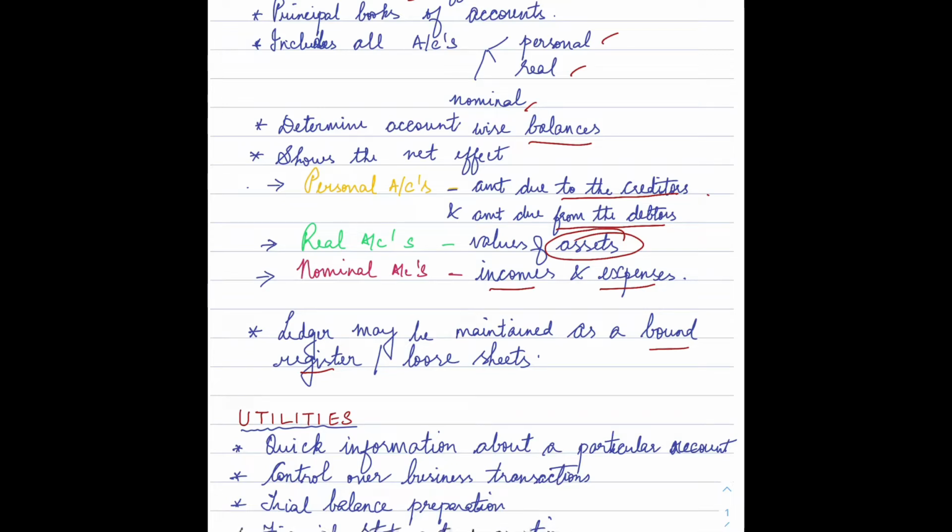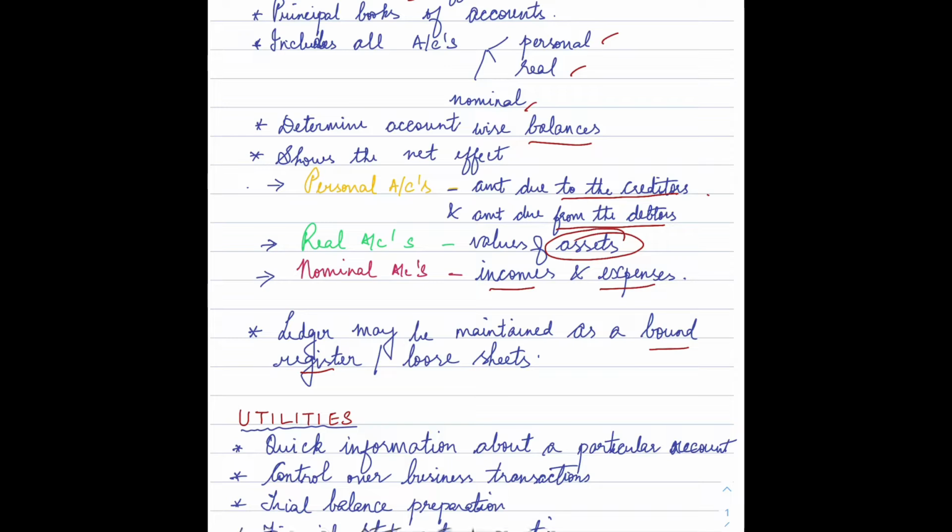You should know individually which creditor payment should be made to, and from which debtor amount is received. So a lot of information is maintained, whether it is real, personal or nominal. And then control over business transactions. Here we see that various accounts reveal the net balances.